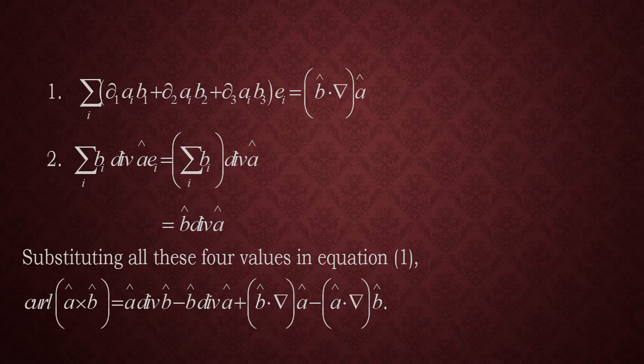After substituting all the above four parts, we obtain curl of A cap cross B cap equals A cap div B cap minus B cap div A cap plus B cap dot del times A cap minus A cap dot del B cap. We are done.